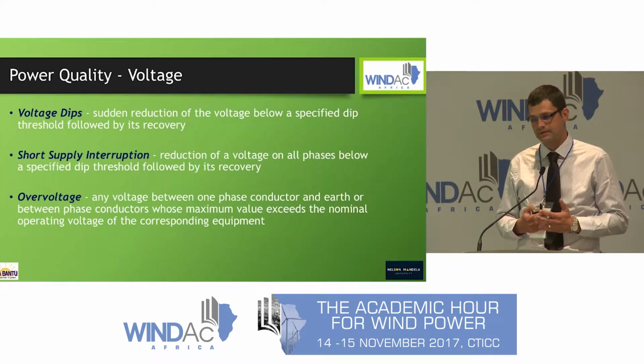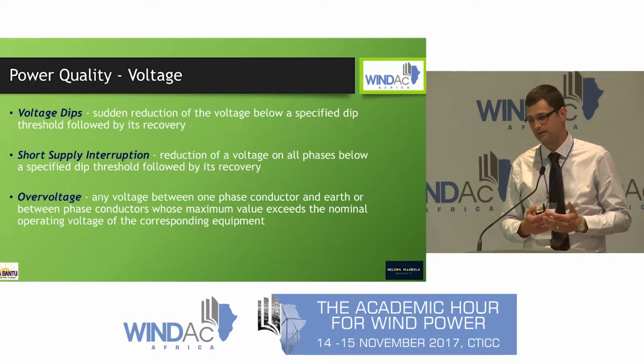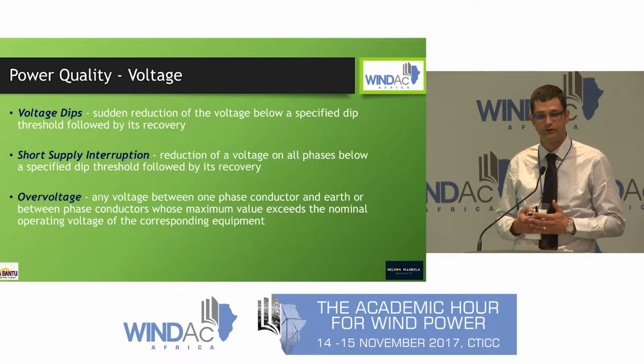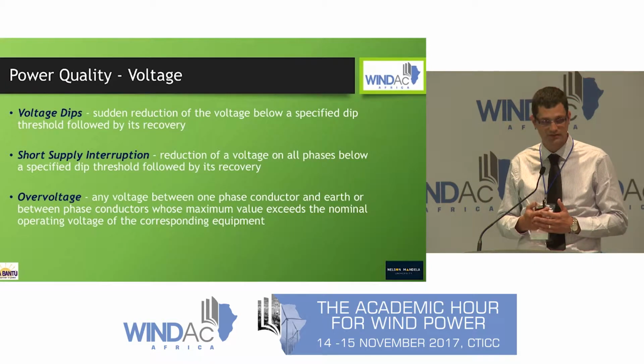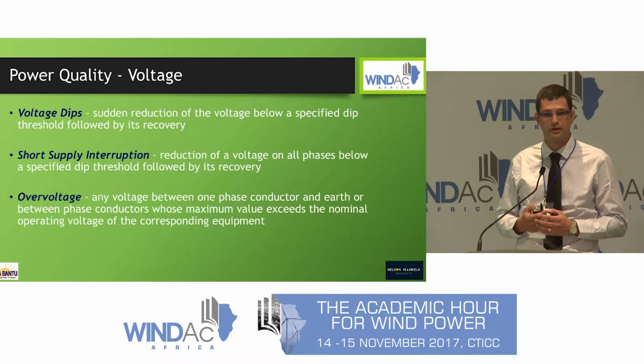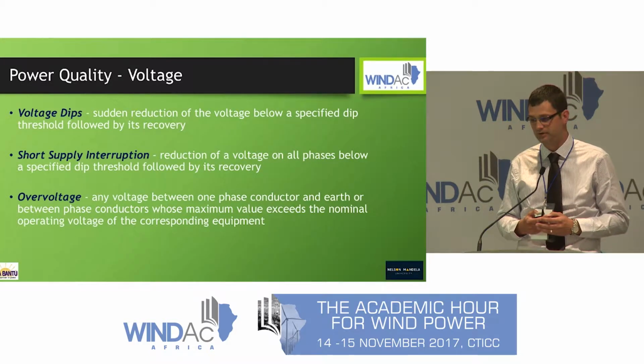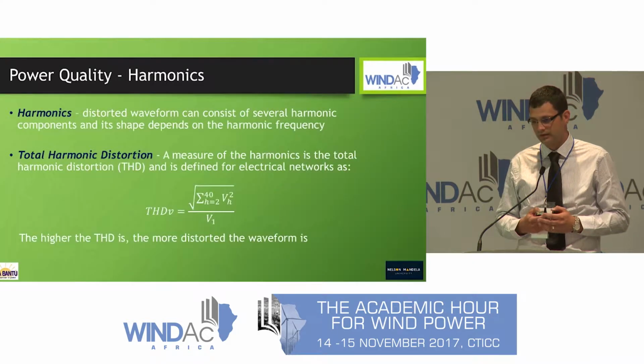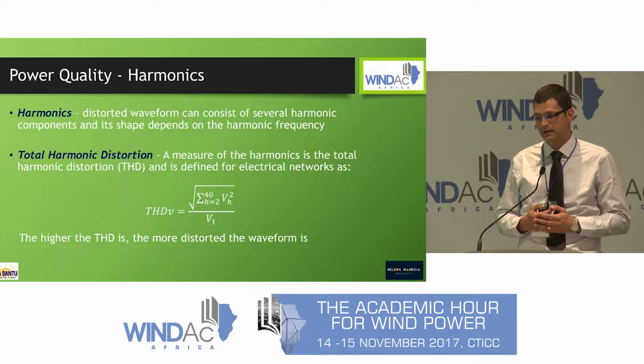Power quality, some of the parameters being looked at in the study: voltage dips, short supply interruption, and overvoltage. Those are just different terms used to distinguish between different power quality issues that can be experienced. Then harmonics, the second thing that I looked at.